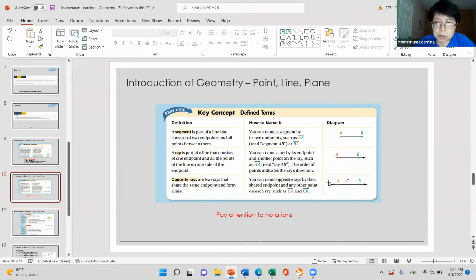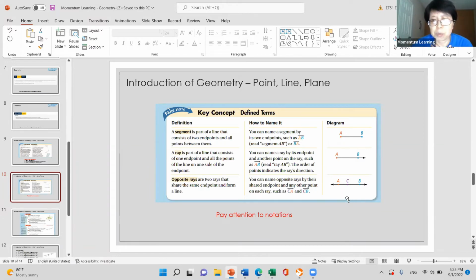All right, so now you look here. If you use C as the endpoint, and you just look at this part, you have the ray CB. And then you look at the left-hand part, you have the ray CA. So you see that these two rays, CB and CA, share the same endpoint, but they go in opposite directions.